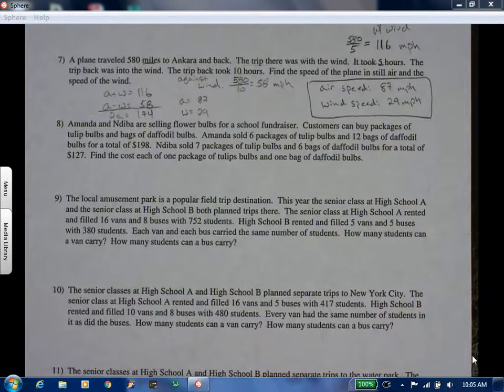Alright, the rest of these should be like number 1. So I'm going to let you go back to number 3, see if you can get that set up. Check with me if you want, before you try to solve it, see if you have it set up correctly.